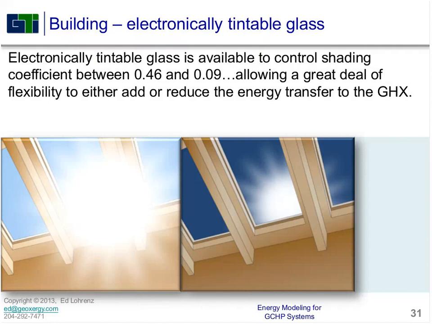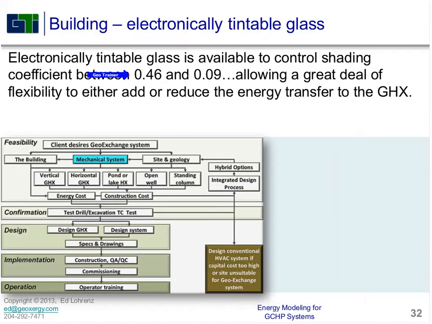Electronically tintable glass is becoming available with really good shading factors, and that's going to make a difference. It may provide better levels of comfort in the building, and when you look at the whole picture, the cost of the glass and the ground heat exchanger may easily justify the cost of the better glass.